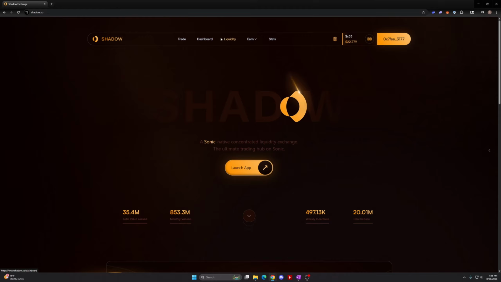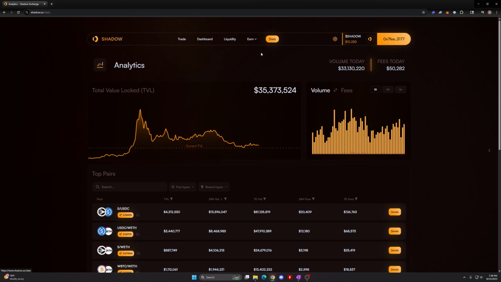You got the liquidity tab. That's where we're going to be living out of today. You have your X Shadow tab. If you wanted to lock up and stake your Shadow and vote every week in the flywheel, there you go. If you want to go to the X33 and mint X33, you're going to go there, and this is where you vote. We've got a stats page showing a really nice breakdown of the analytics. You got your total value locked, your full TVL here.